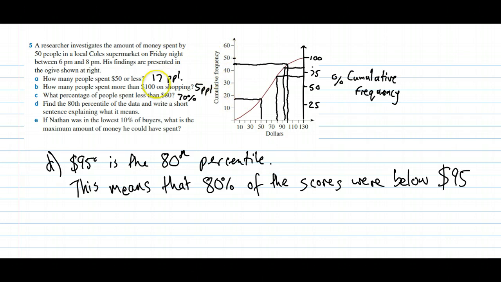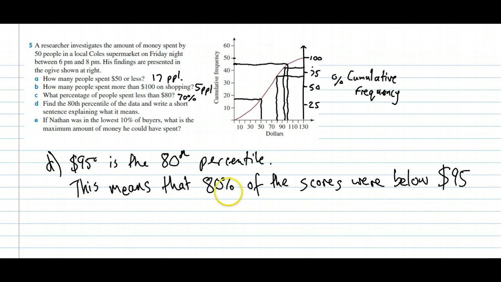Now let's bear in mind that when we're calculating these kinds of values from an ogive, it's quite possible to have differences of opinion, for one thing about the straightness of lines, for another thing about where exactly 80% fits on this cumulative frequency axis. We're making estimations, so we're going to expect some discrepancy between answers.